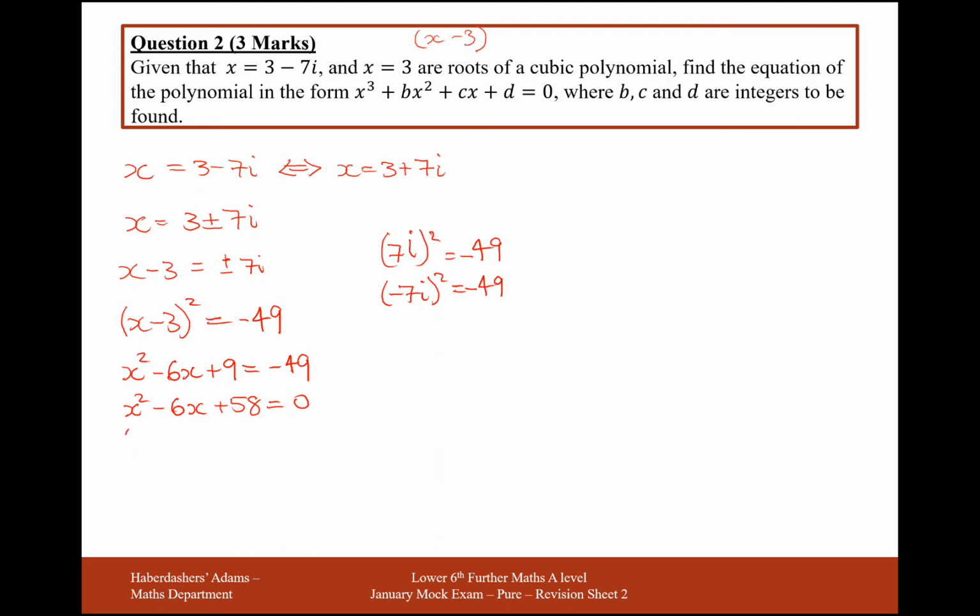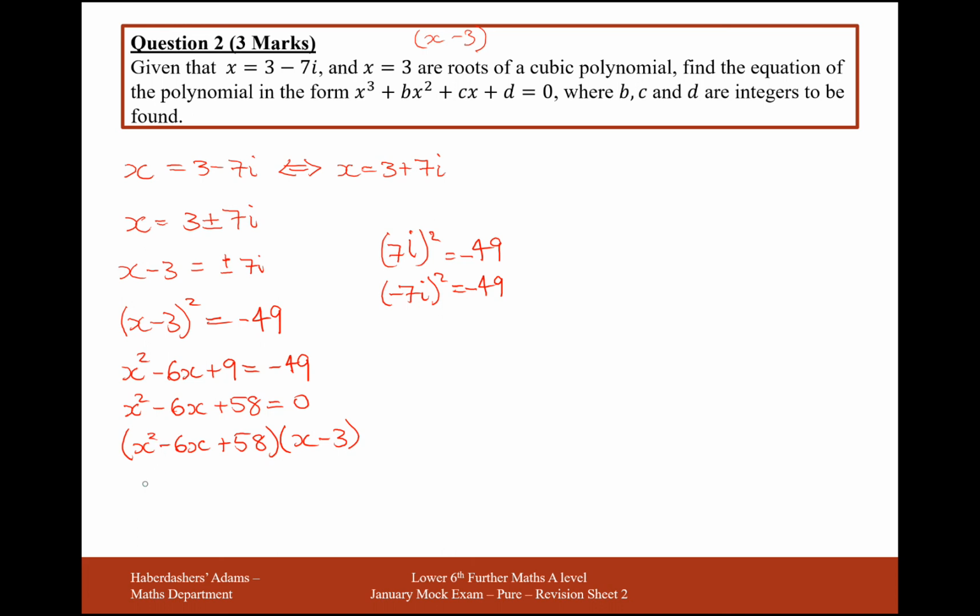So now what we need to do to create our final answer is to expand the brackets x squared minus 6x plus 58 with x minus 3, because x minus 3 is going to give us a root of x equals 3.